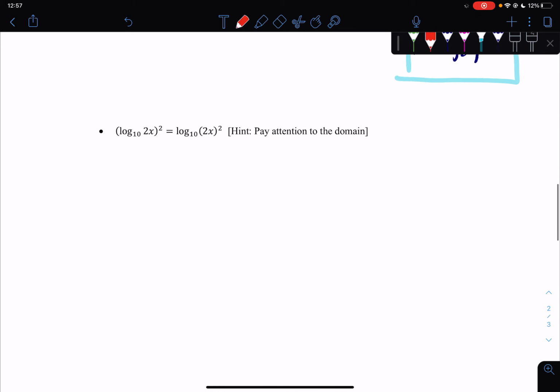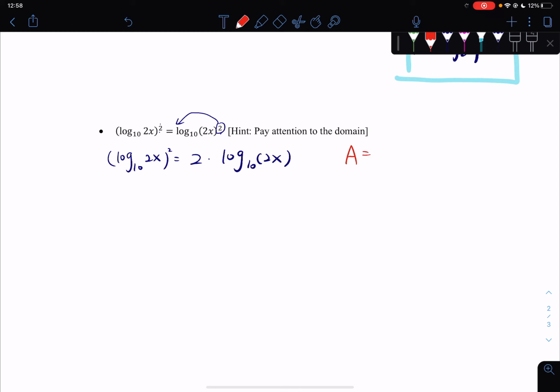The next problem we have here is actually slightly more challenging. Both of them have log 10 of 2x, but one has an exponent outside, one has an exponent inside, so they are not technically the same thing. One thing we've learned is that you can throw the square outside, so you have 2 times log 10 of 2x. There are different ways you can handle this problem. One way we could have done is trying to rename this piece that you see repeatedly in the structure to call A. Therefore, your problem is A squared equals 2A.